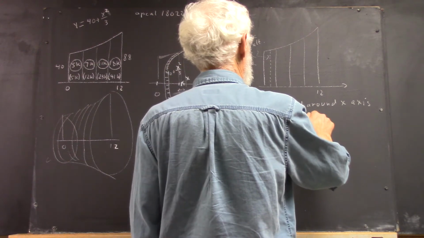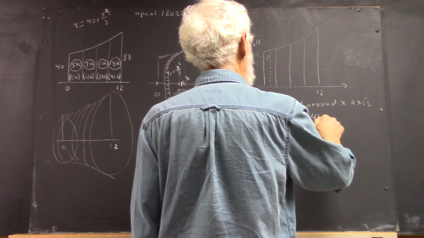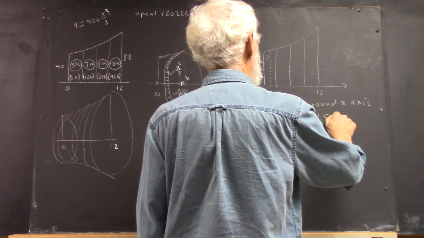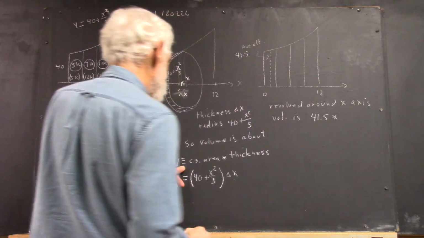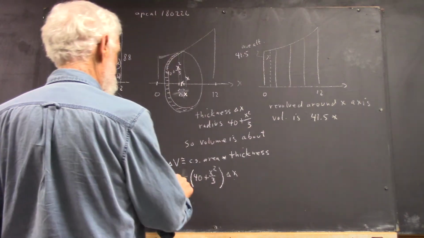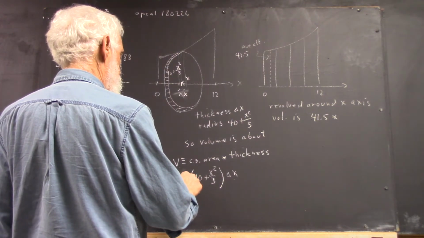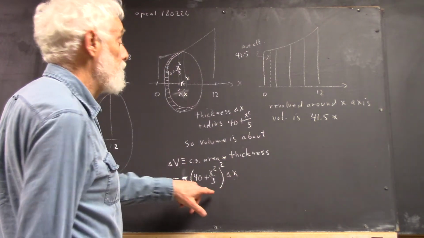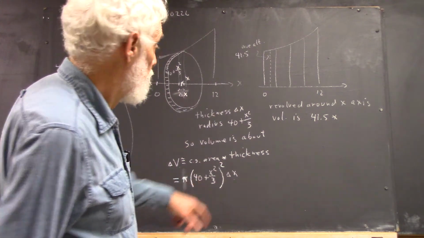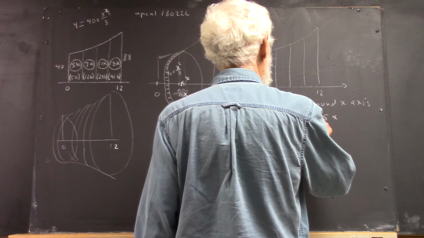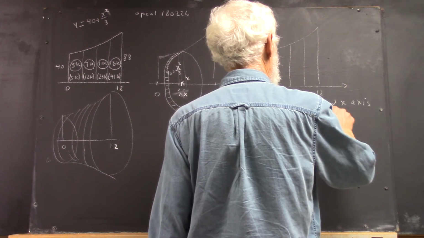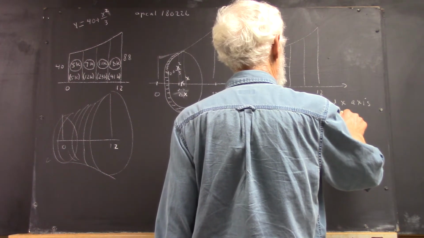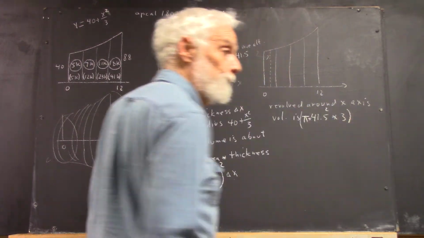It's going to be pi times the radius squared, right? So it's going to be pi times 41.5 squared times the thickness, which is 3.